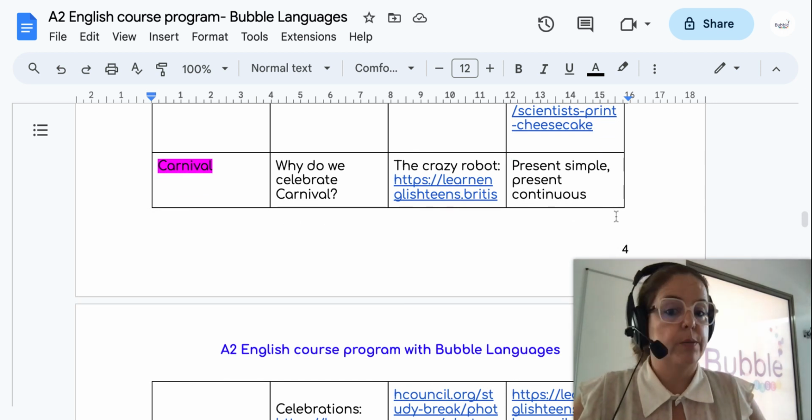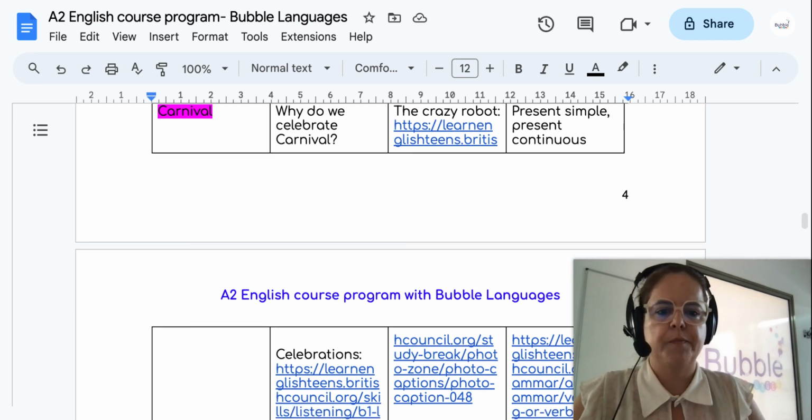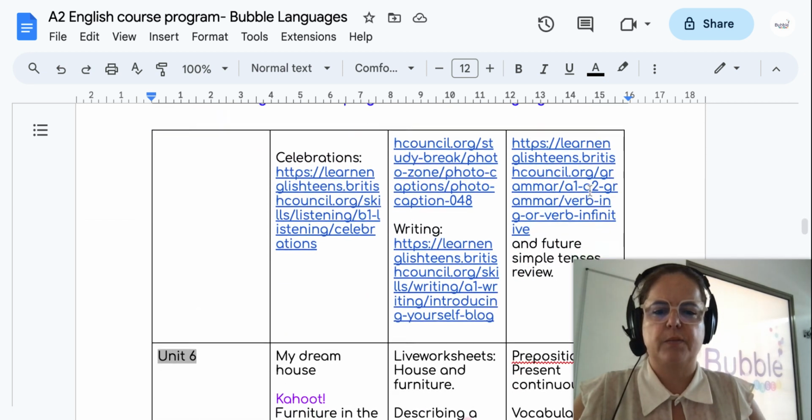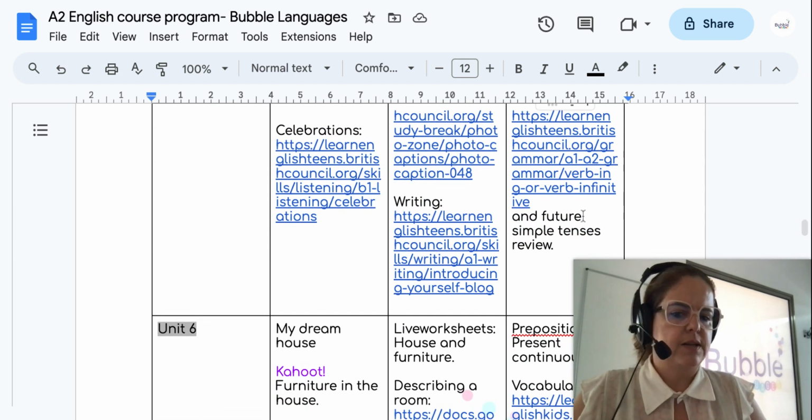Carnival. Why do we celebrate Carnival? This time round, there is a crazy robot speaking activity, present simple versus present continuous, celebrations, the writing. This time round is introducing yourself on a blog.